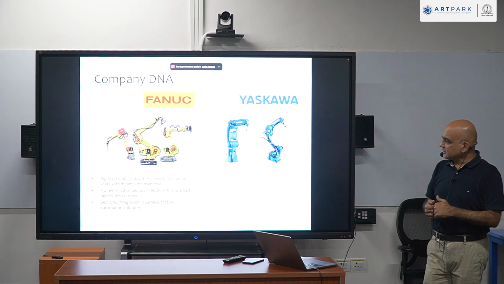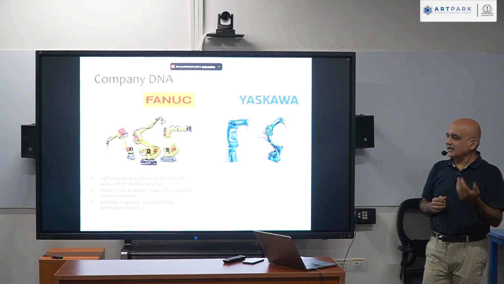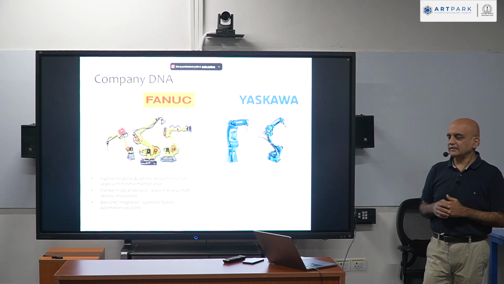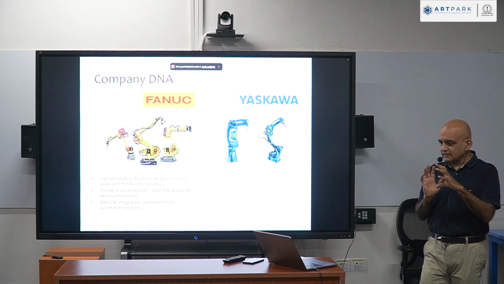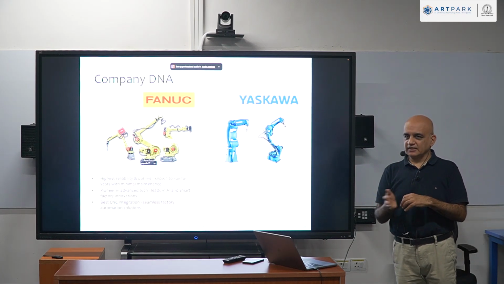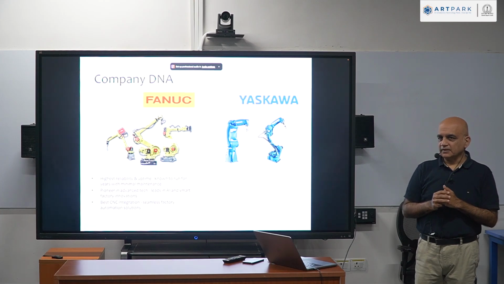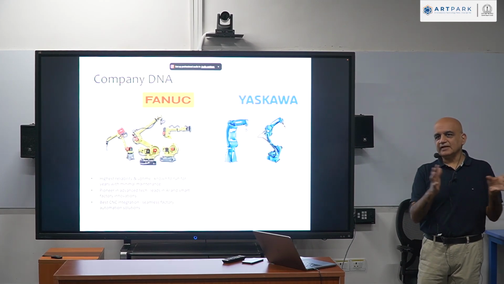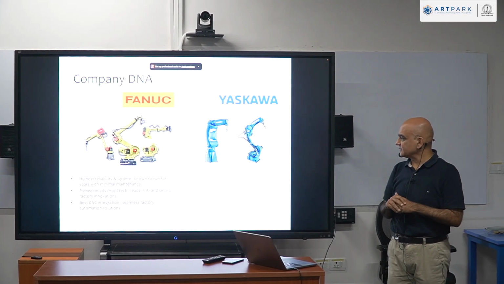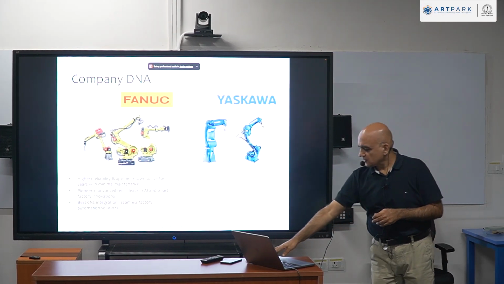It's because they actually spend lots of time to make sure that they have the highest reliability and the highest uptime. They also go after use cases that require that kind of precision. So there's a lot of work that goes on once the company DNA gets decided. That's basically what they do.